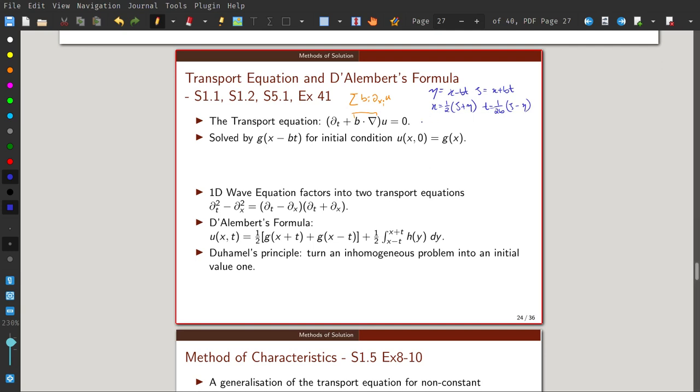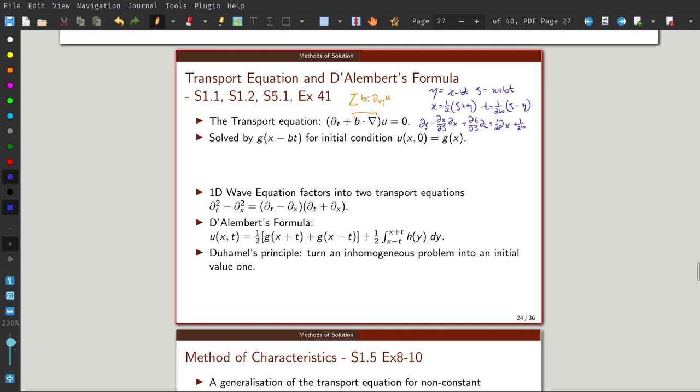And so in particular, the zeta derivative is, by the chain rule that we're, of course, getting very good at, like here. And so the derivative of x with respect to zeta is a half, and the derivative of t with respect to zeta is 1 on 2b.